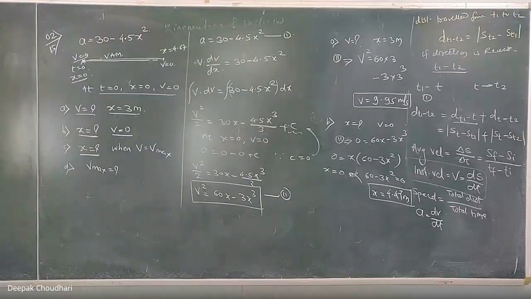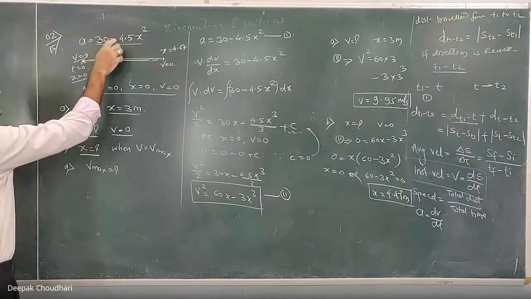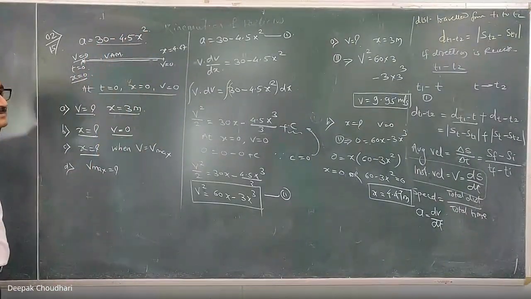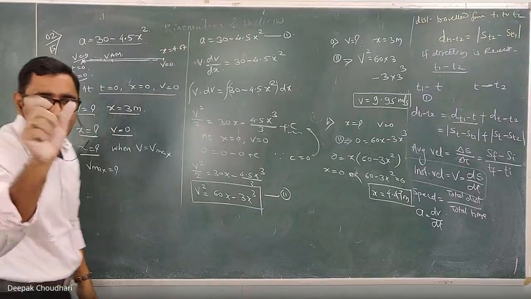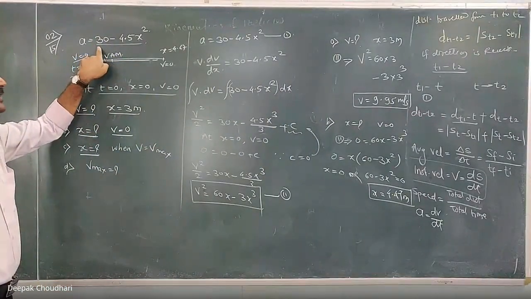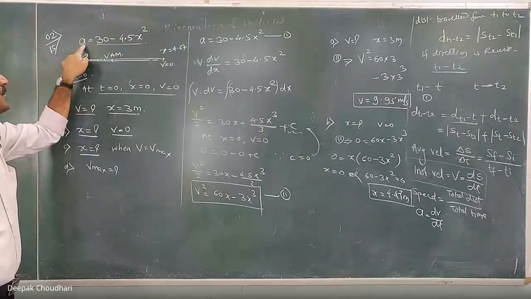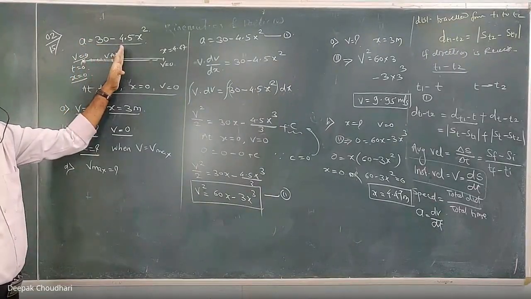Okay. Here you will observe why it happens like this. The reason is that if you look at the acceleration equation, it is 30 minus 4.5 x square. When the value of x is smaller, this term is positive. And when this term is positive, acceleration is positive, meaning the velocity will go on increasing.